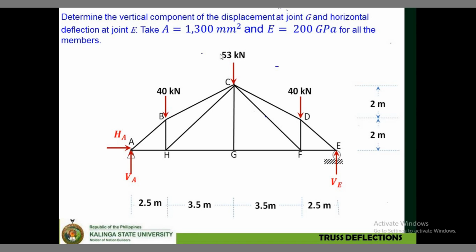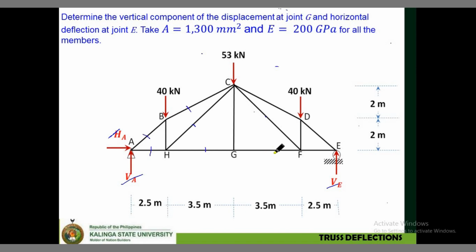So, again, step 1 tayo. Ano ang sabi sa step 1? Solve for the support reactions. Tapos, pag na-solve na natin yung ating mga reactions, VE, VA, at saka HA, anong ginawa natin kanina sa problem number 1, using either method of sections or method of joints, kung saan kayo mas convenient, you have to determine the bar forces.